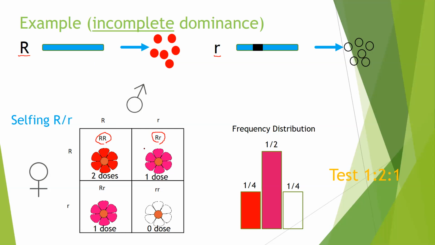In the complete dominance situation we learned before, these two individuals give you exactly the identical phenotype. But now, in incomplete dominance, you're going to see two different phenotypes: the red and the pink, less red. I hope this is clear.